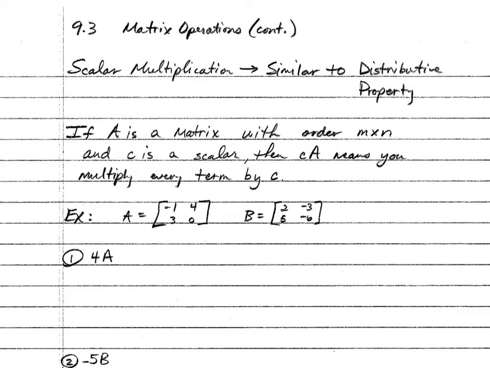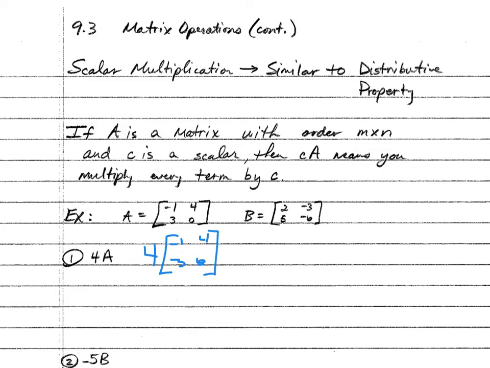Okay? So for example here, I have two matrices. I've got a matrix A, and a matrix B. And I want you to take 4 times matrix A. So what we're going to do here, 4 times matrix A, which is negative 1, 4, 3, and 6.